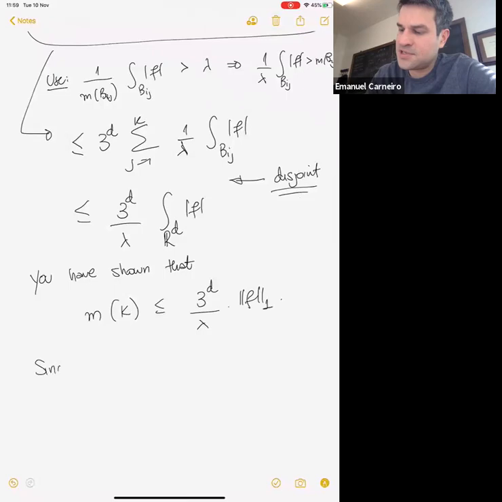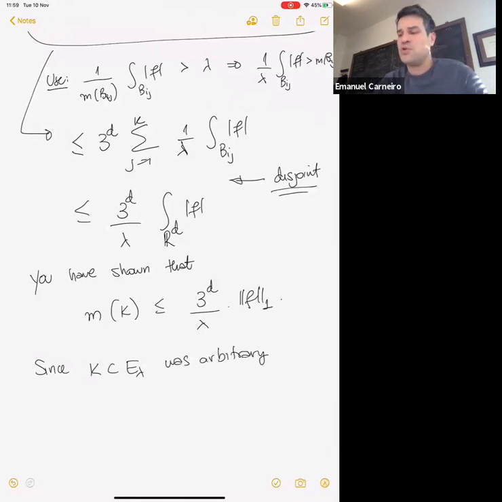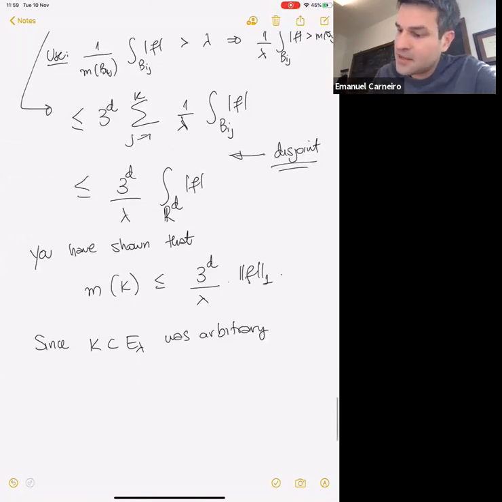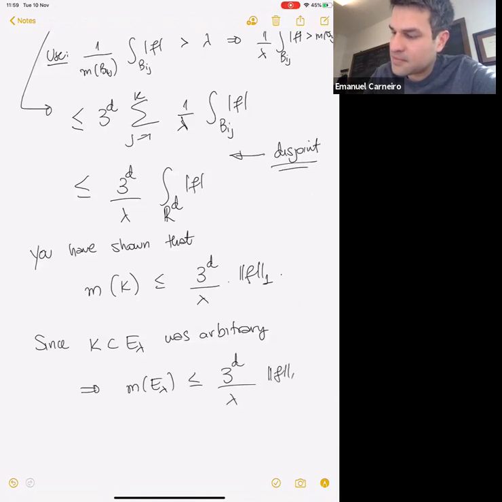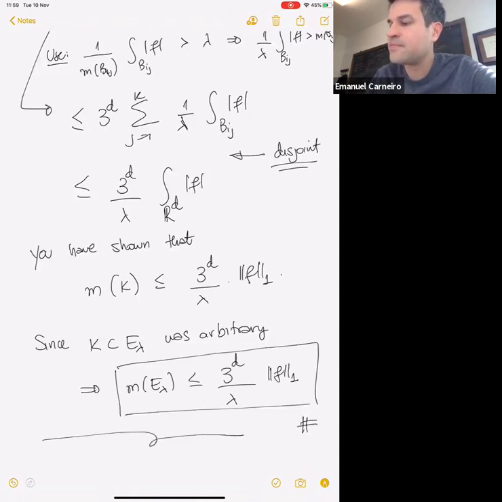Now, since K contained in E lambda is an arbitrary compact set, we know from the regularity properties of the Lebesgue measure that the measure of E lambda is the supremum of the measures of the compact sets inside, right? So this implies that the measure of E lambda itself has to be less than 3 to the D over lambda times the L1 norm of f. This is what we wanted to prove.